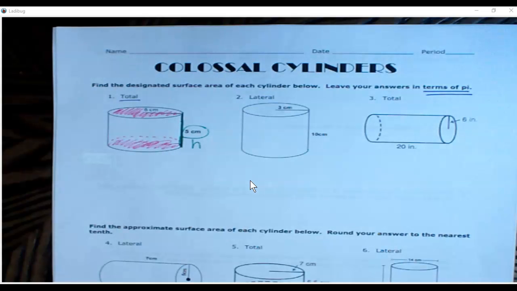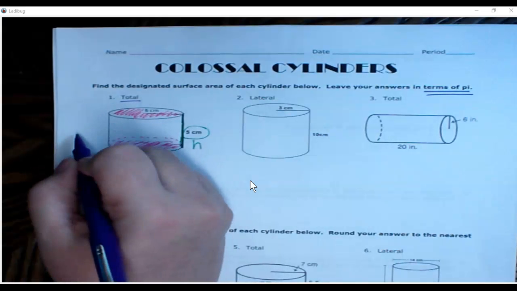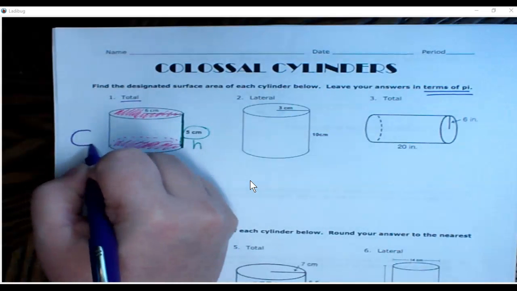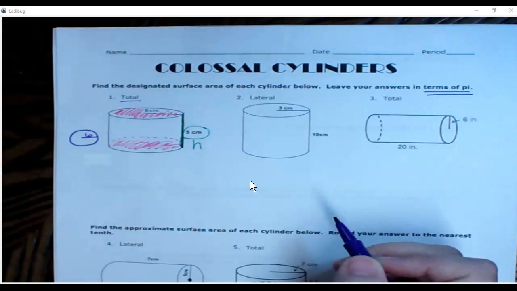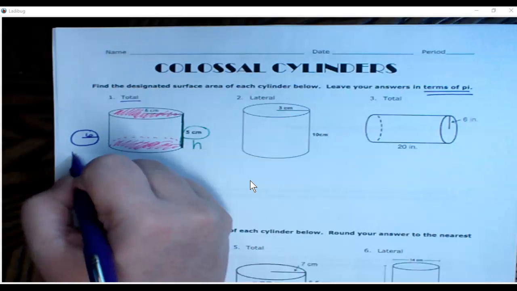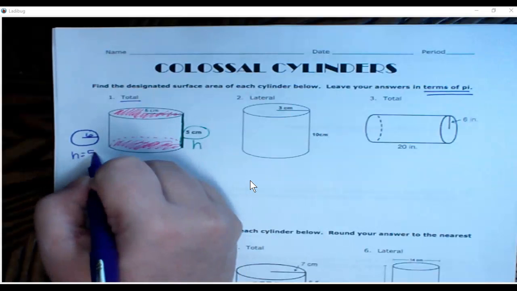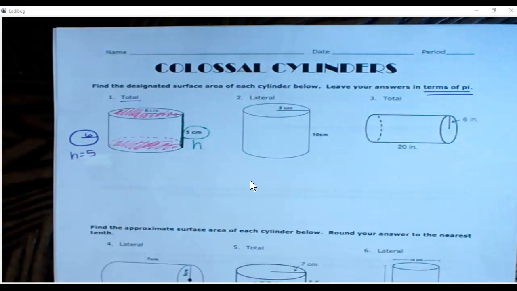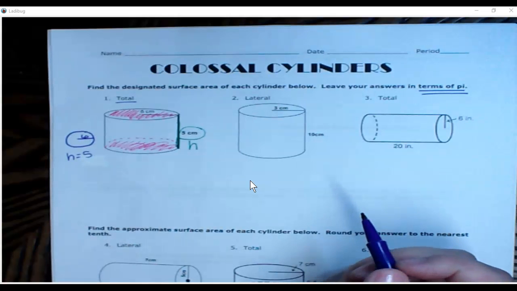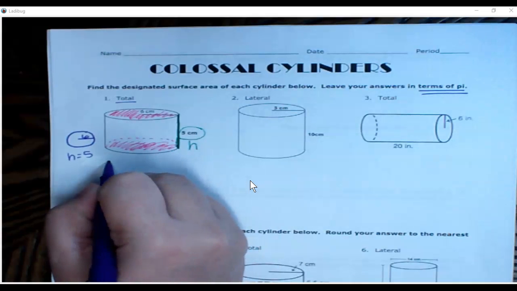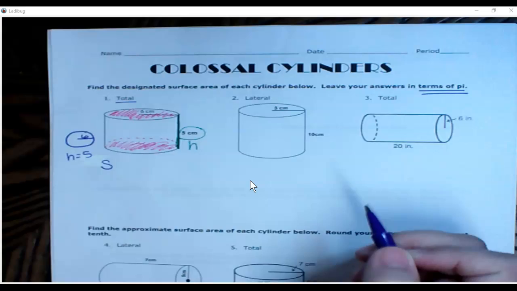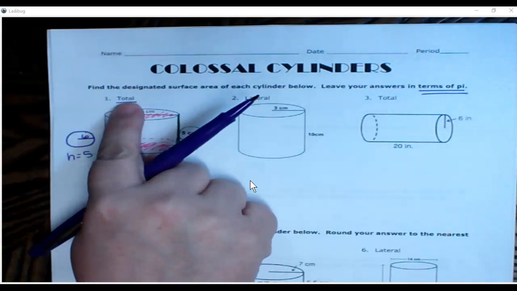Now, if you're unable to draw this cylinder on your paper, you could always just draw the circular base, put the measurement 6 centimeters, and then we know the height is equal to 5, the height of the prism. Excuse me, the cylinder. All right, so the first thing we need to do is go to our formula chart. When we look up surface area, we're looking for total surface area in this example.